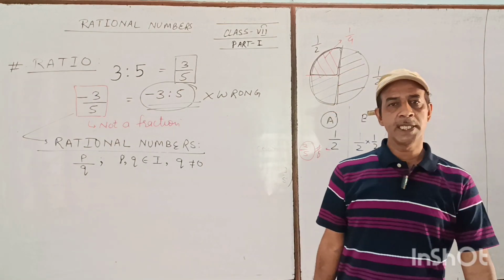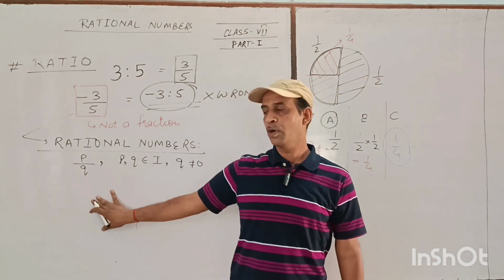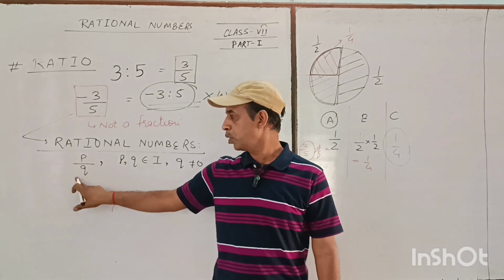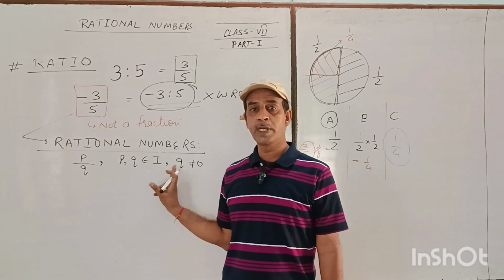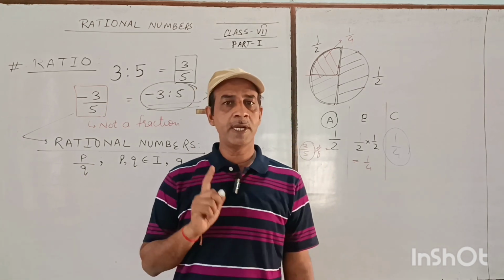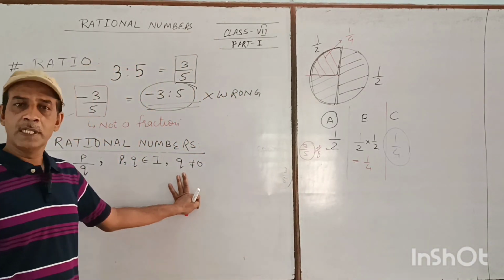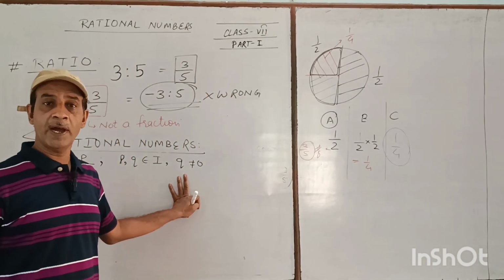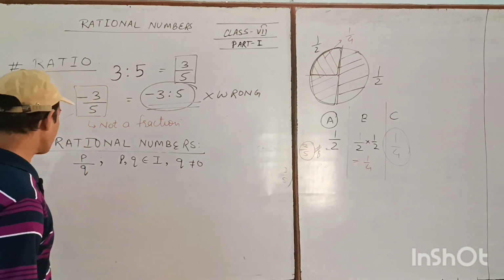Q can never be 0 because Q is in the denominator, and if the denominator of any fraction is 0, then that fraction is undefined. It does not exist. Fine.